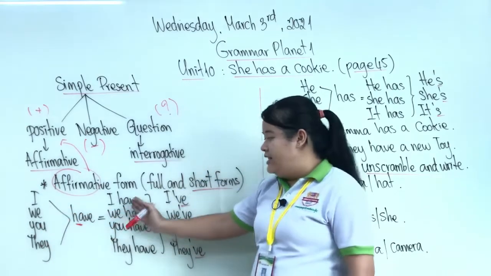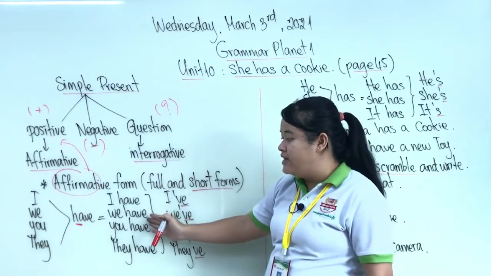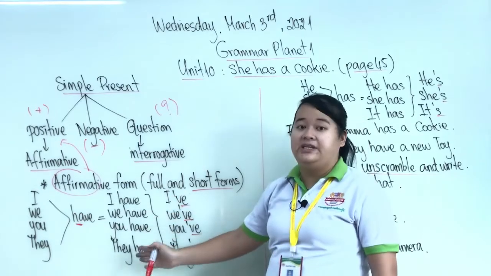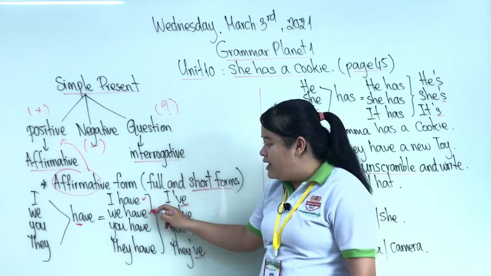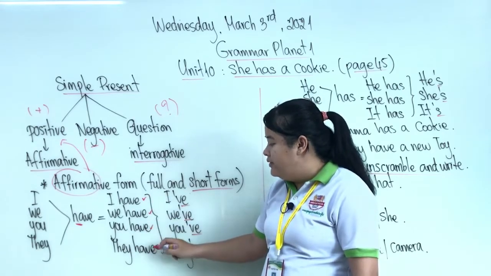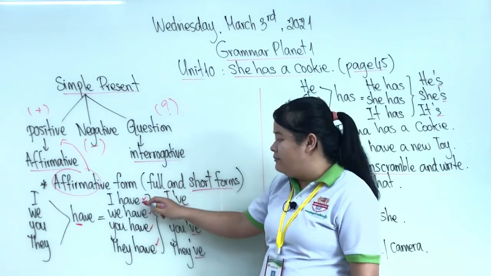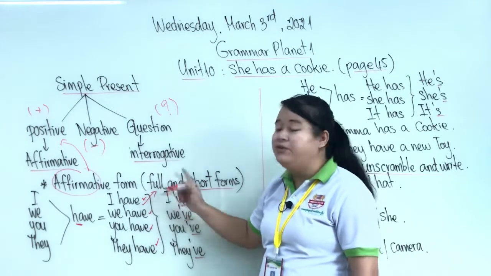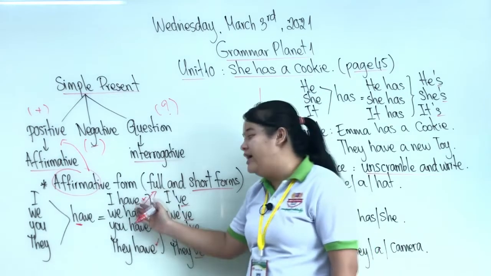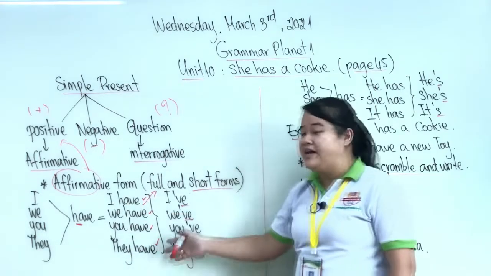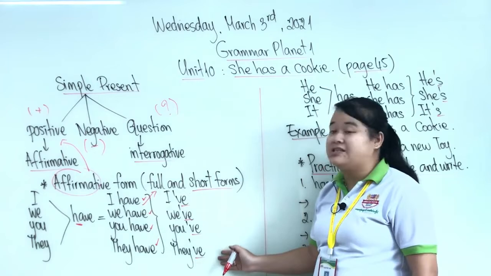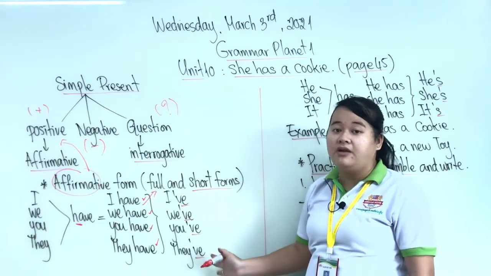So we can write like this: I have, we have, you have, they have. That we call the full form. You can write the sentence this way, or you can write it this way, which is correct also, and we call that the short form.